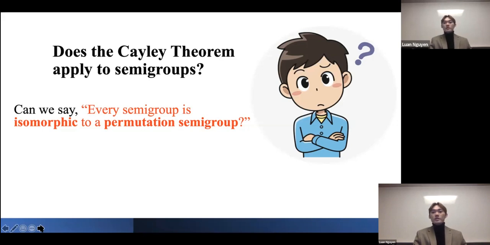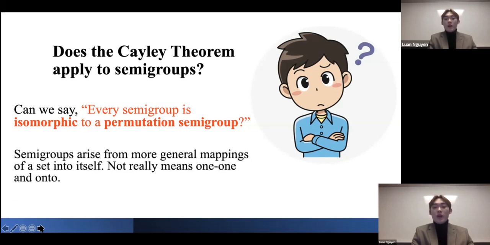However, in general, a semigroup doesn't necessarily have an identity or inverse element. So instead of saying the permutation of a semigroup, and also since semigroups arise from more general mappings of a set into itself, not necessarily one-to-one and onto, we have a new definition for that.